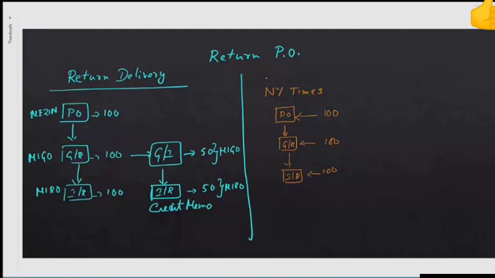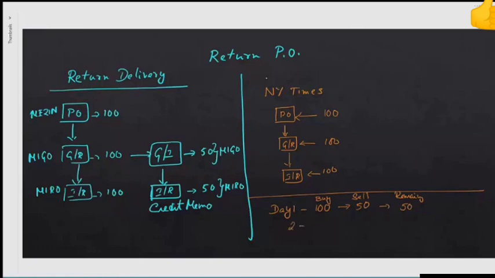Right? So say for example, on day 1, say Monday, you buy 100 in a PO, but you only sell 50. So this is buy, this is sell, and remaining is 50, right?